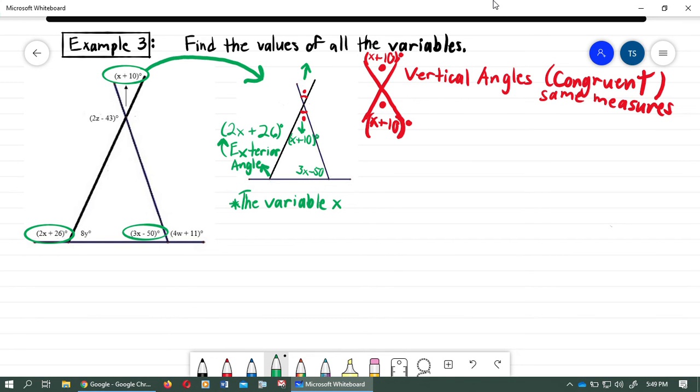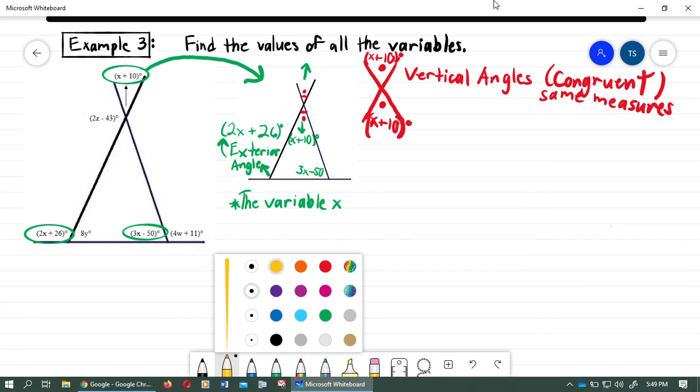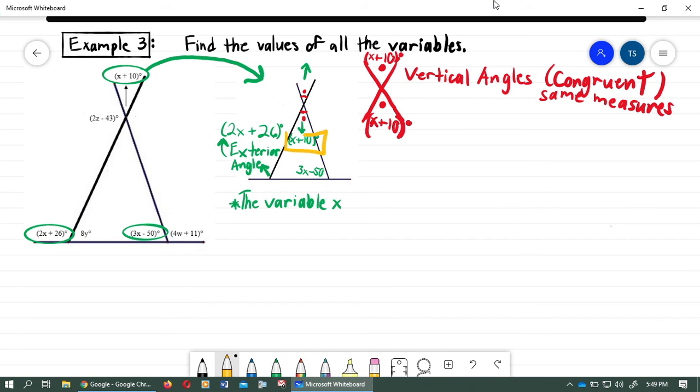So those two interior angles there. Let's pick a different color. Those two interior angles right here, the x plus 10 degrees. I thought that was going to do a little box, but it did it.